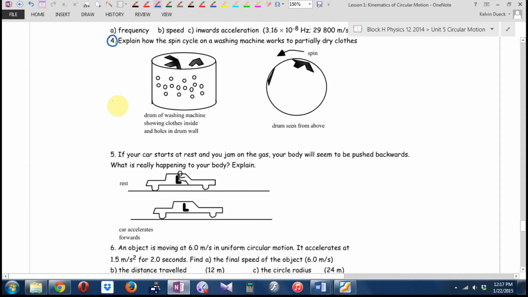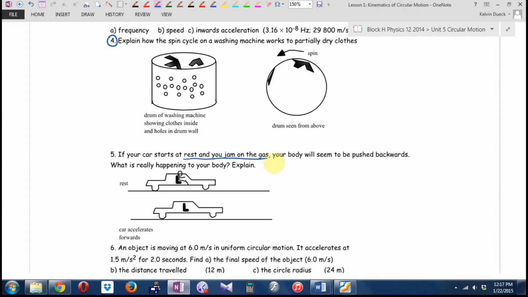You've been in a car before? If your car starts at rest and you jam on the gas, your body will seem to be pushed backwards. Which way are you actually accelerating? Forwards. So why does your body feel like it's being pushed backwards? I'm looking for a word that begins with the letter I. Your own inertia, Newton's first law, kicks in.